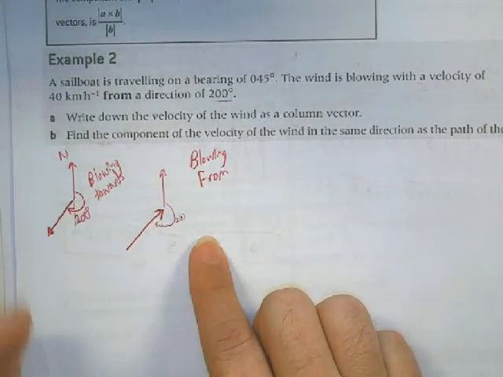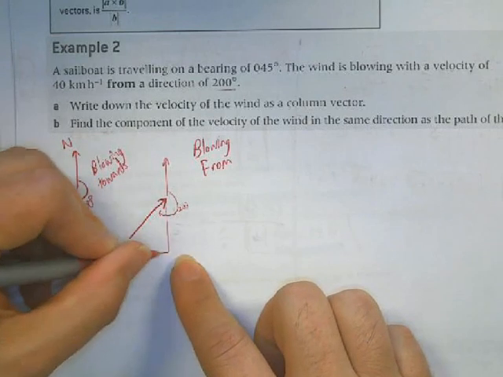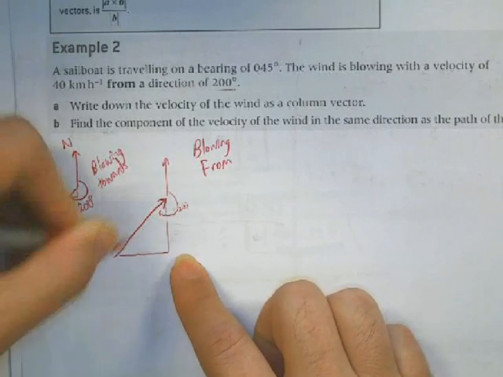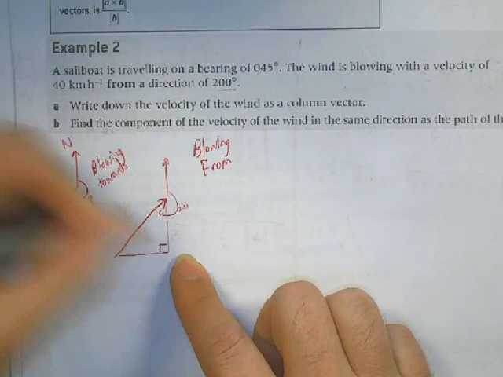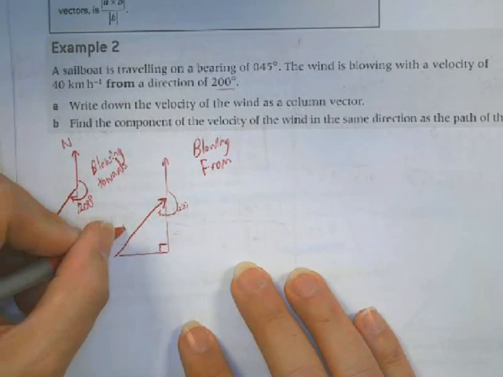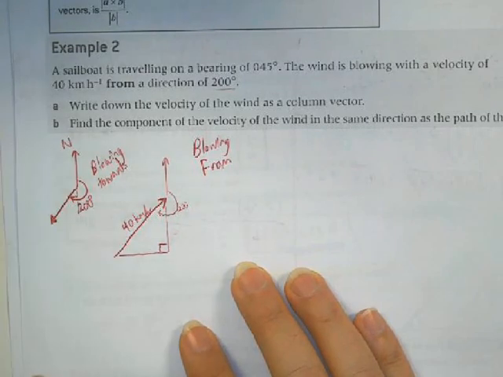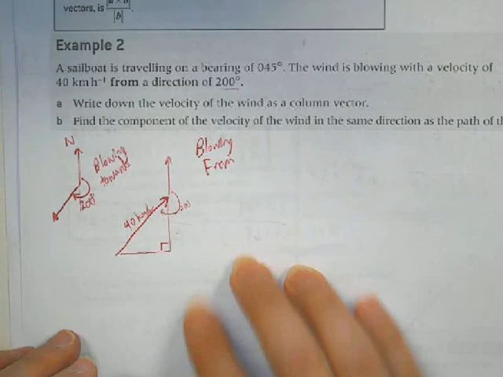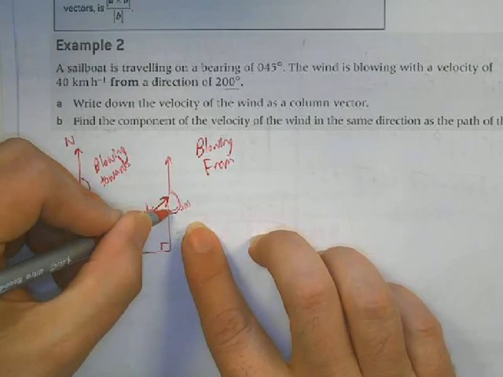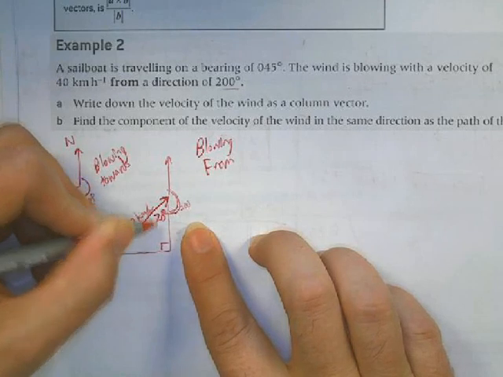Okay, so I'm going to draw a triangle here, and it's got a velocity speed of 40. So my magnitude there is 40 kilometers per hour. From here to here is 180, so this here has to be 20 degrees.